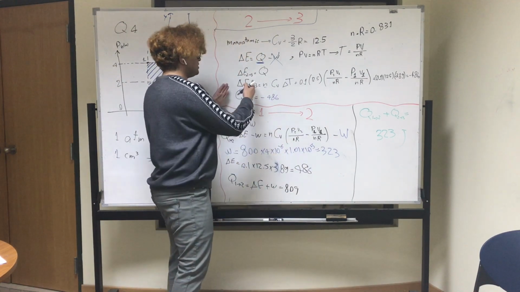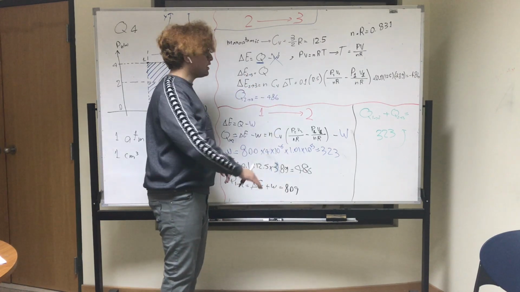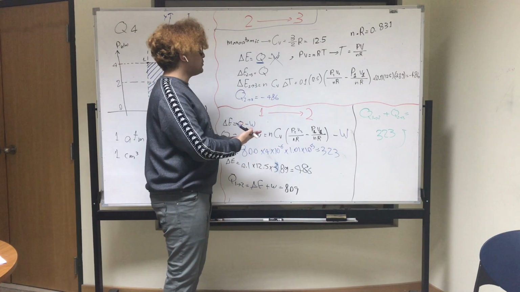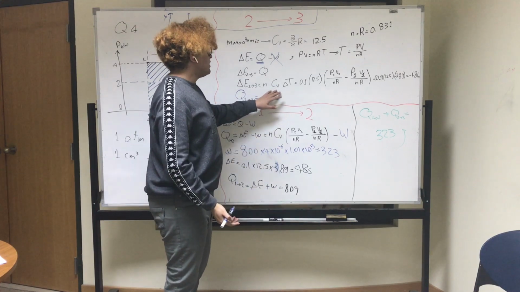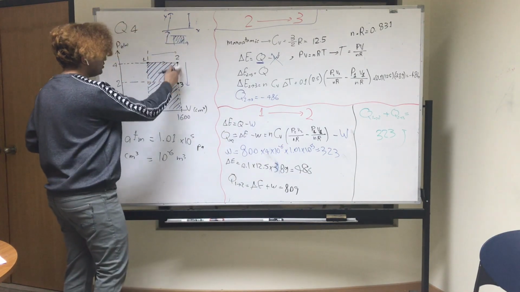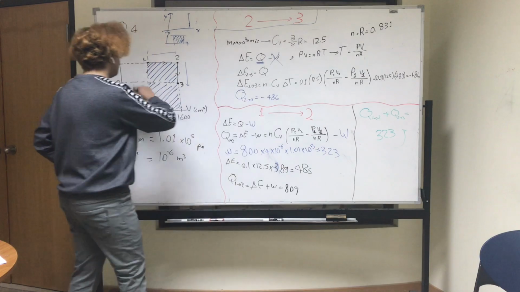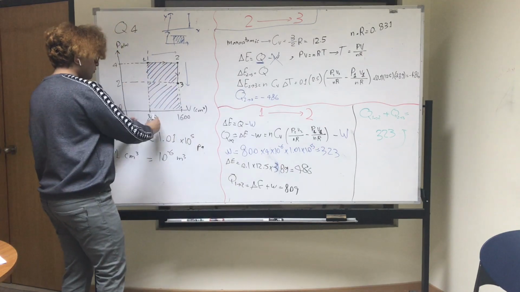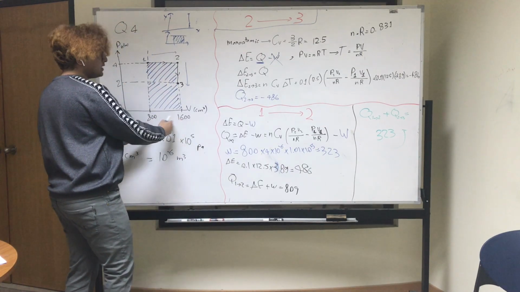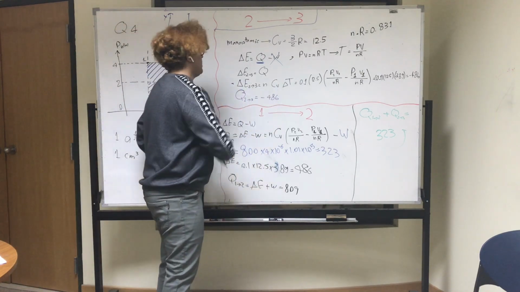So for change in internal energy, this formula is always true, no matter what thermodynamic process we have. Here from 2 to 3 it's a constant volume process, so we can apply this formula. And here from 1 to 2, the volume is changing. Even though the volume is changing, we can still apply this formula, okay? So this is always valid.